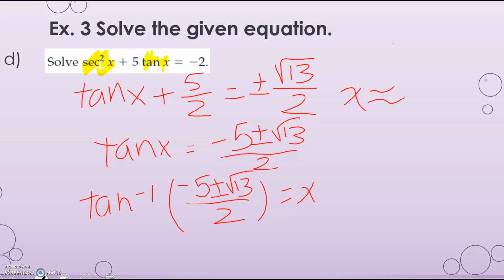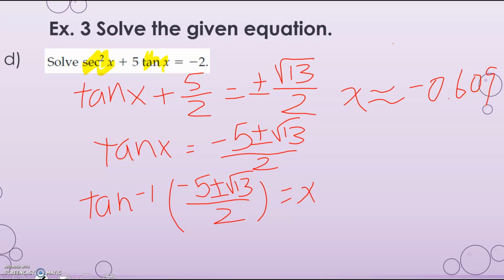Okay, so taking your scientific calculator, we're going to say the inverse tangent, careful with your parentheses please, of negative 5 plus square root of 13, divided by 2, which gives me negative 0.609.